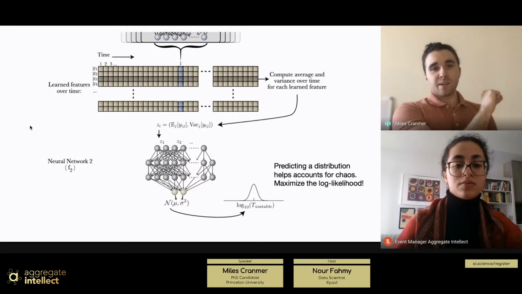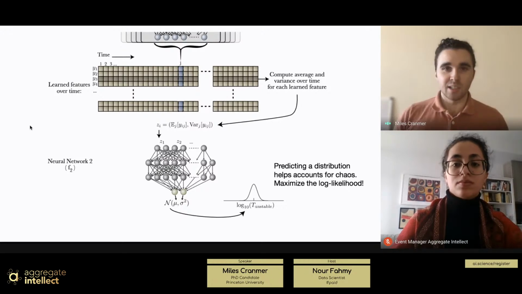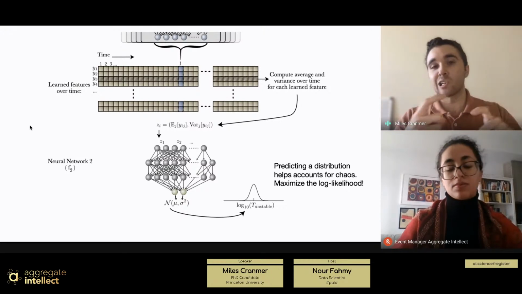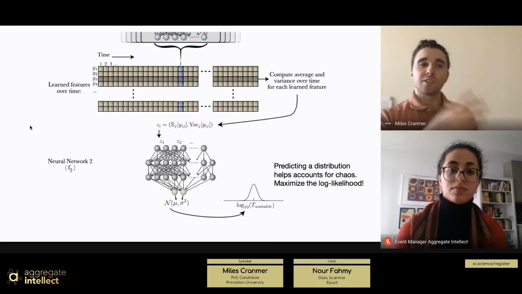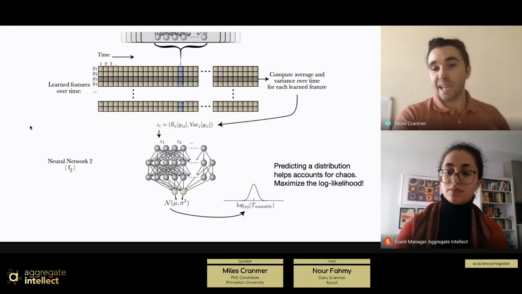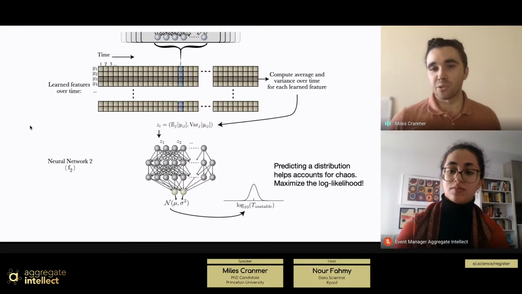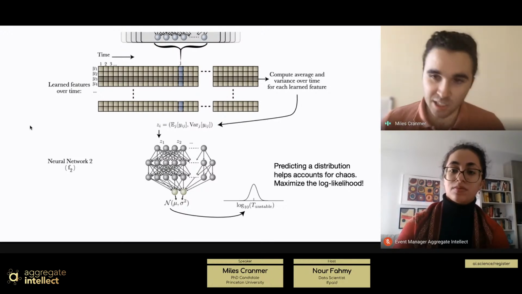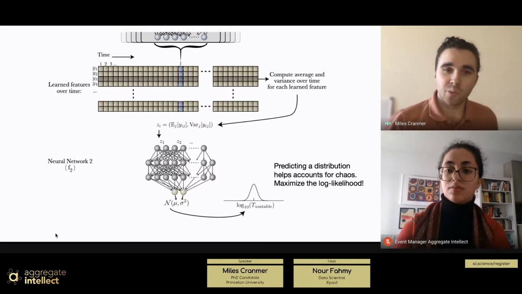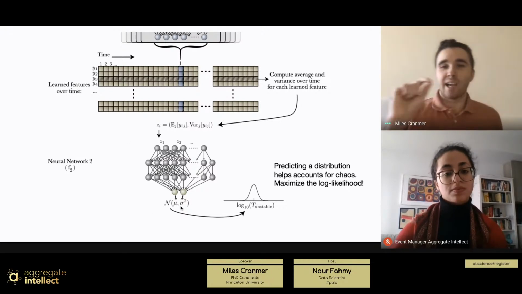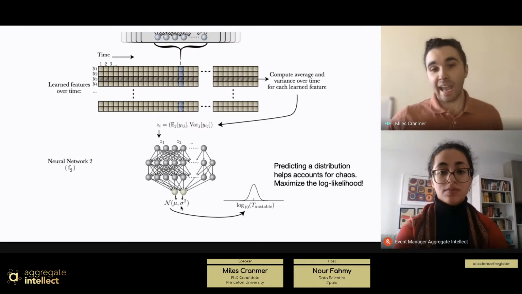We take the mean over the time series, and the variance over the time series. This is the time series of the learned coordinates. We then pass those means and variances to a second neural network, which is just going to compute the expected instability time. And again, this is a Bayesian neural network, so you want to learn the center and the spread, because it's a chaotic problem.